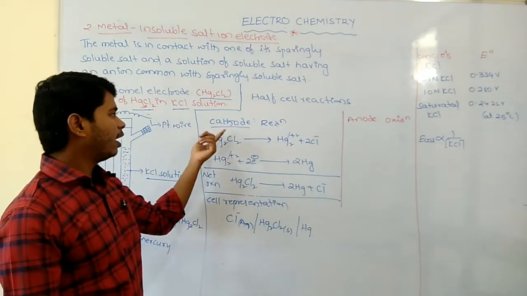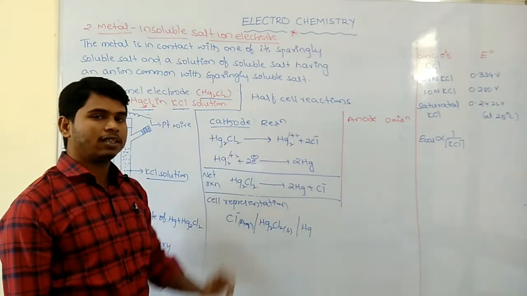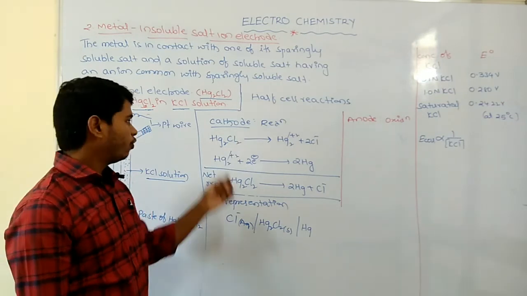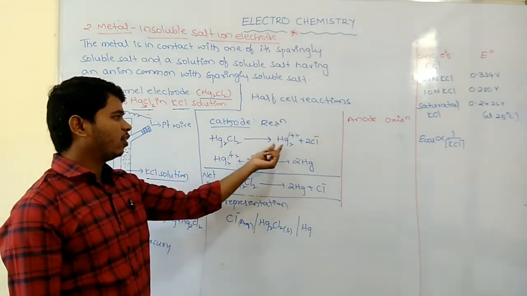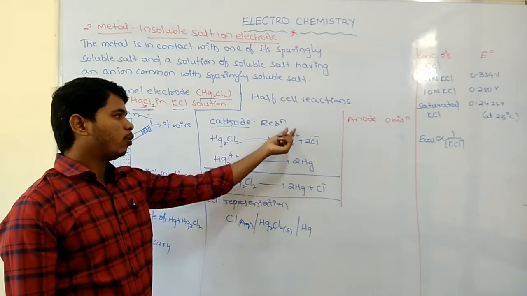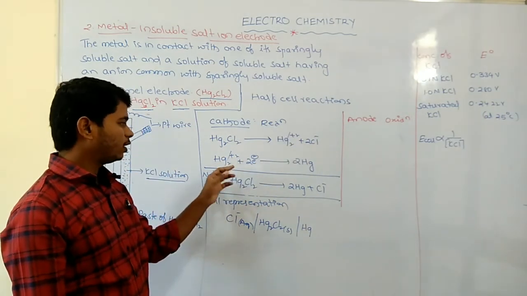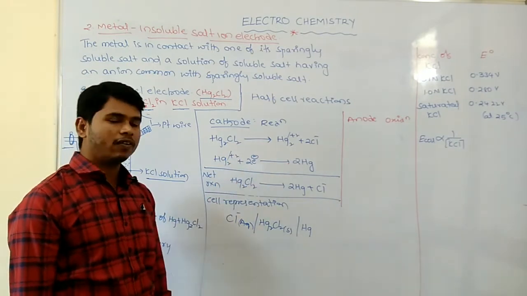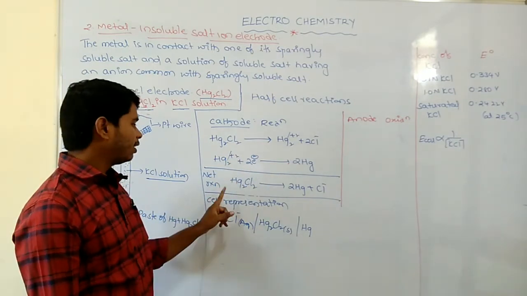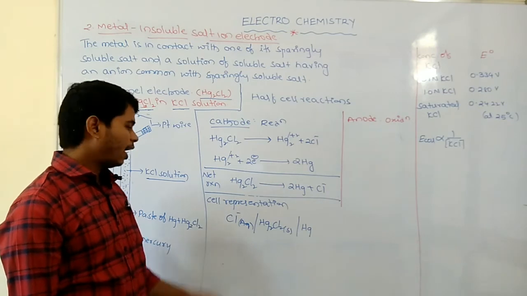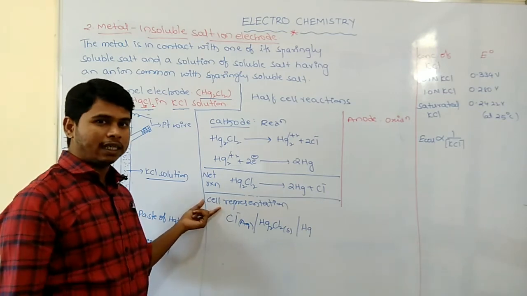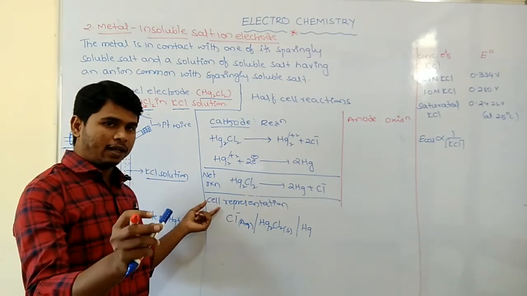If it is acting as a cathode, the reduction reaction is taking place, where the mercurous chloride is first divided into Hg2 2+ and 2Cl minus, and this Hg2 2+ gains 2 electrons and is converted into Hg. The net cell reaction is this one, and the cell is represented, in the case of cathode, first the ion, then the metal.